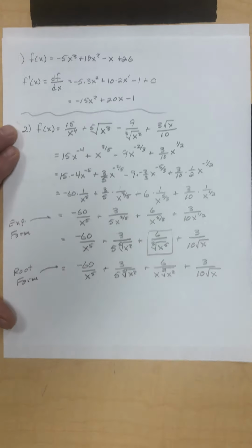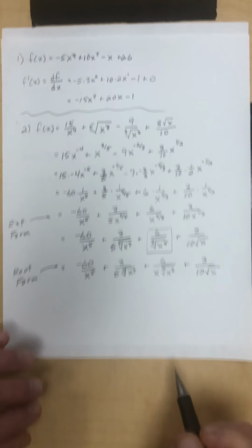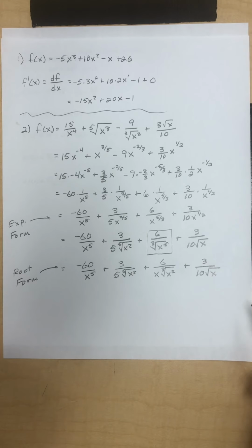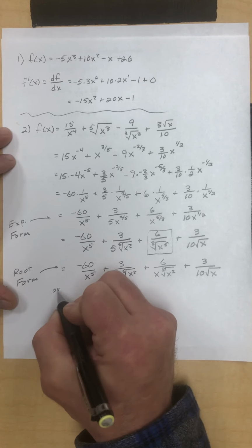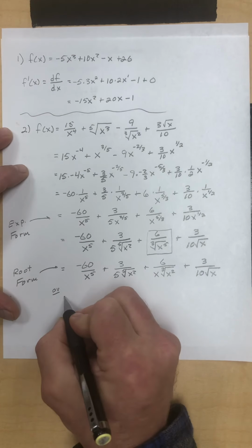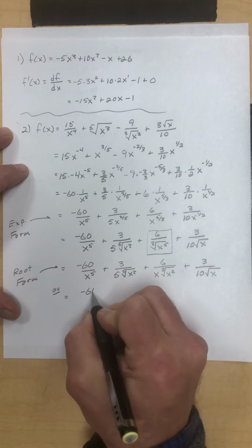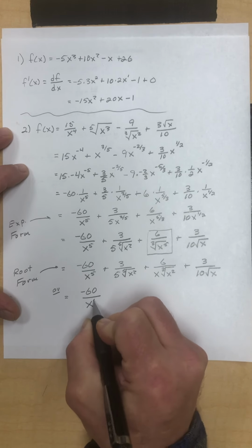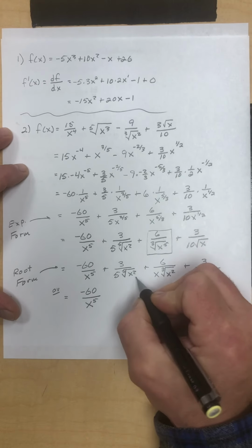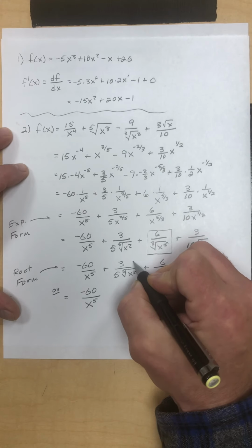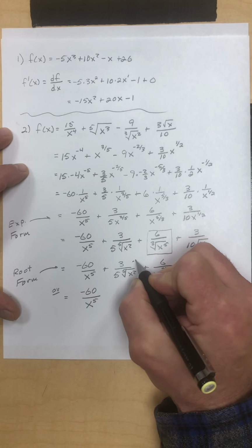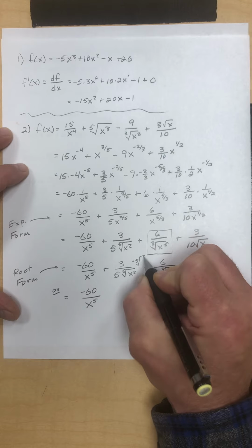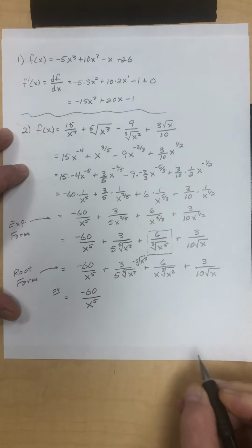Now you could go and rationalize. I don't know if I necessarily need to, but I will just to take a look at it. So negative 60 over x to the 5th. This guy, I would need the 5th root of x cubed above and below.